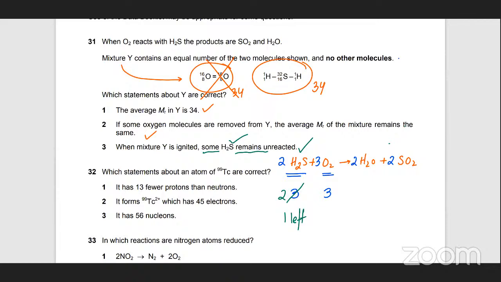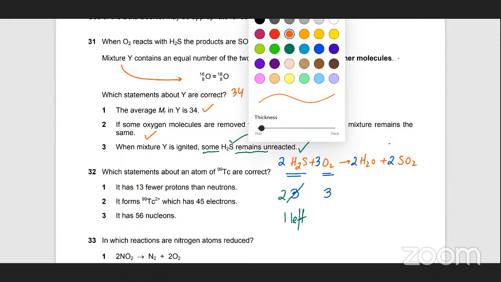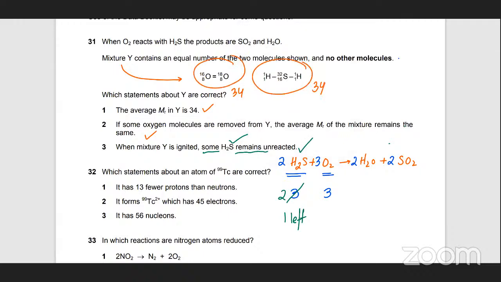As for point 2, one second, what's point 2? If some oxygen molecules are removed, the average MR of the mixture... let's assume that you had 1 molecule of oxygen and 1 molecule of H2S, right? This is 34 and this is also 34. So let's say our mixture had exactly 1 molecule of this and 1 molecule of this. Both of them are 34. Take the average, it's going to come out to be 34.